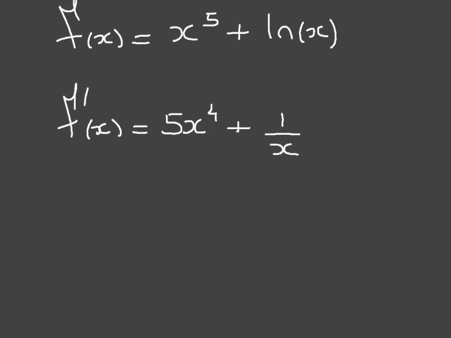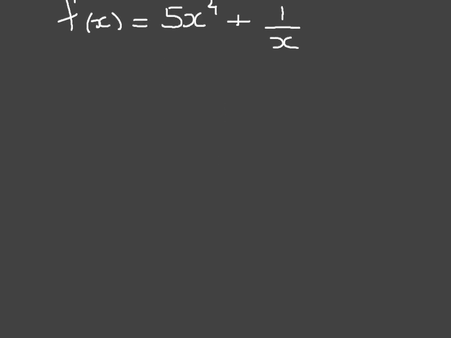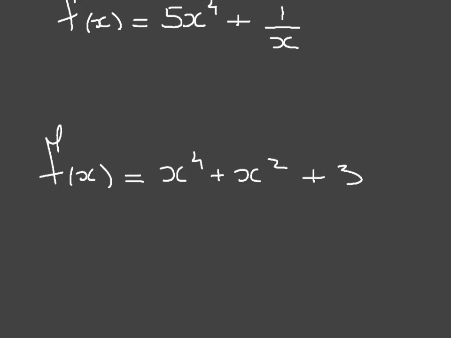Now, of course, we could have more than two terms. Let's say we had a function looking something like f of x equals x to the power of 4 plus x to the power of 2 plus 3. Then once again, to differentiate this function, we differentiate each of the terms we see on the right-hand side.